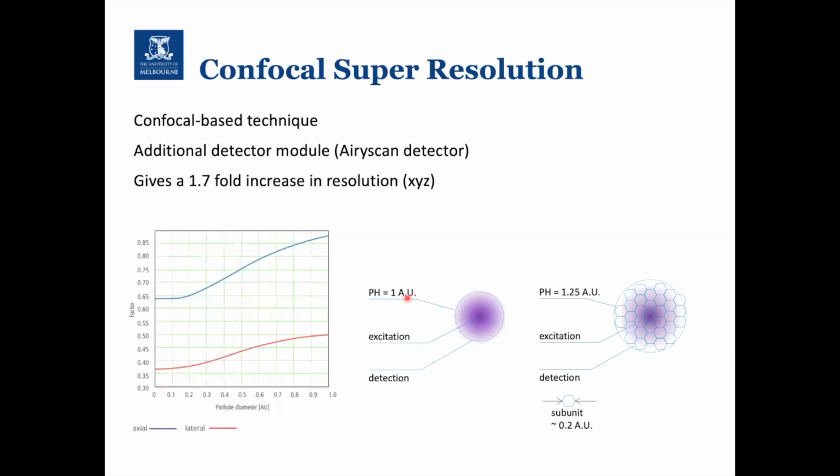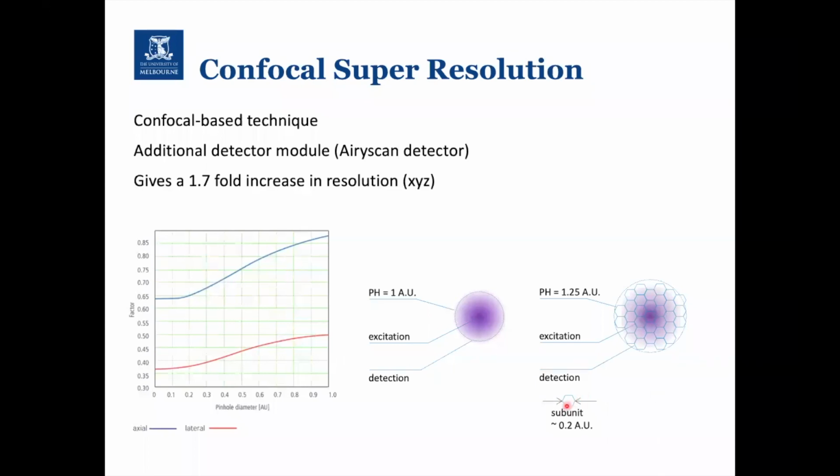So in this case, you would normally have a pinhole at what we call 1 Airy unit, and we'll discuss that on Thursday in terms of what that means. But this essentially can be your detector, so we're detecting at 1 AU. What the ARIScan detector does is it has an array of 32 individual detectors.